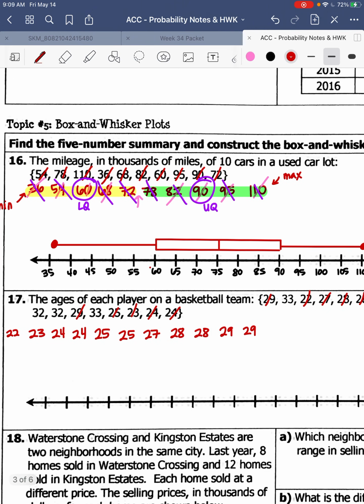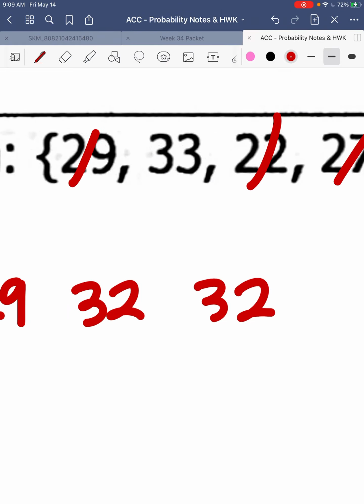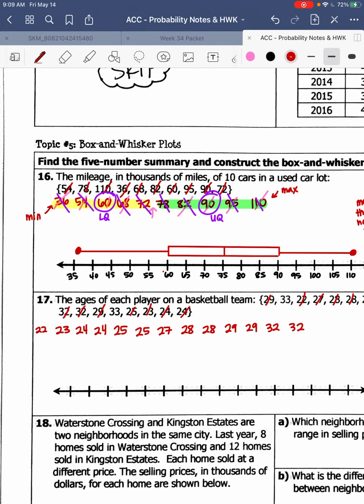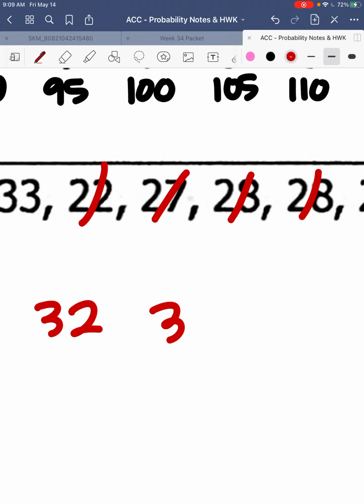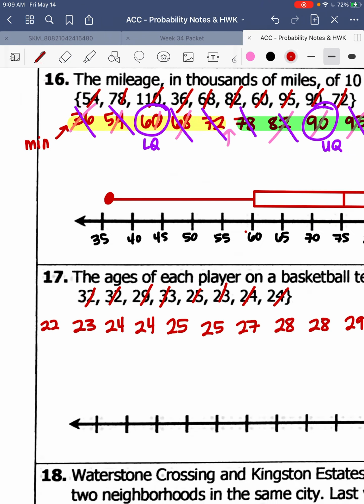So I've got 2 32s. And then 2 33s. And that should be all of that data in numerical order.